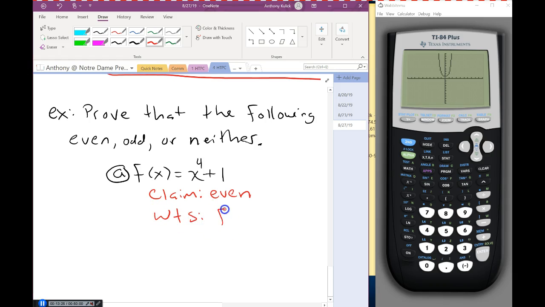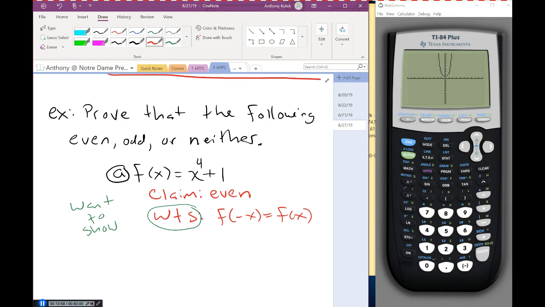To prove that, I want to show that f of negative x equals f of x. WTS is an abbreviation that I'll use commonly. It's just short for want to show. Again, you're free to use that abbreviation, or you can write things out longhand. Either way is fine.